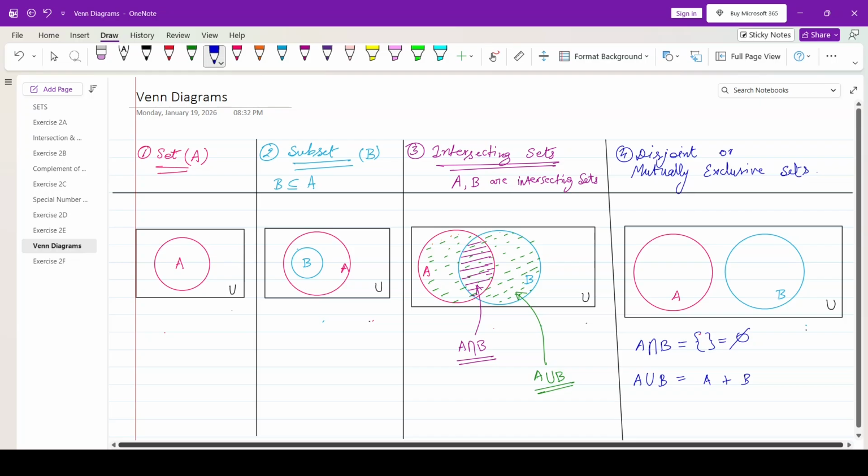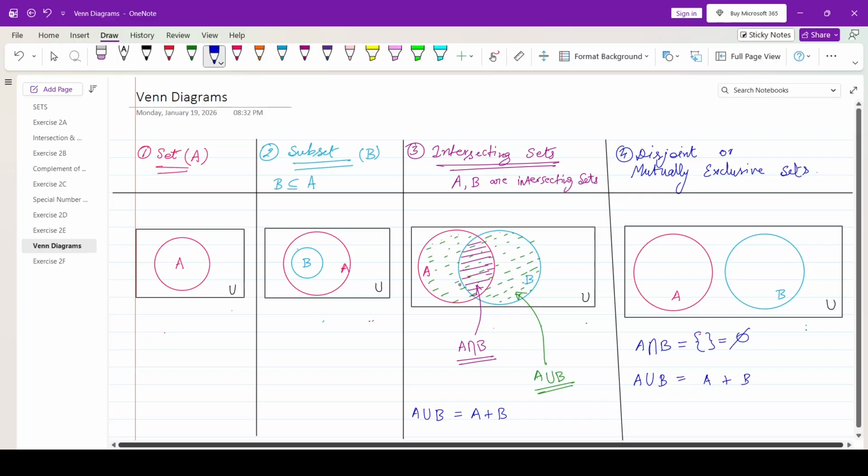Here, A union B will not simply be A plus B, because we know A is this whole part which contains this as well, and B is this whole part which contains this as well.